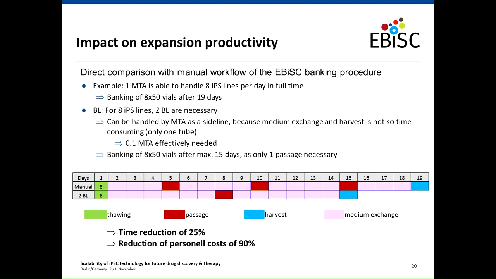Doing the complete procedure manually, you have 3 passaging steps, and you even need much longer time. That means in total, we could show that we had a time reduction of 25%, and also that the personnel costs are lower because we only had to make one passaging step, and we also only have one cell culture bottle. So we only had one Levitator tube, and doing it manually, you have several flasks, dishes, and so on.